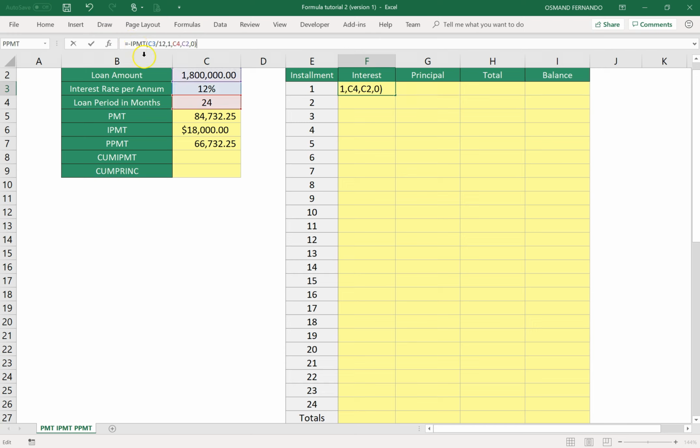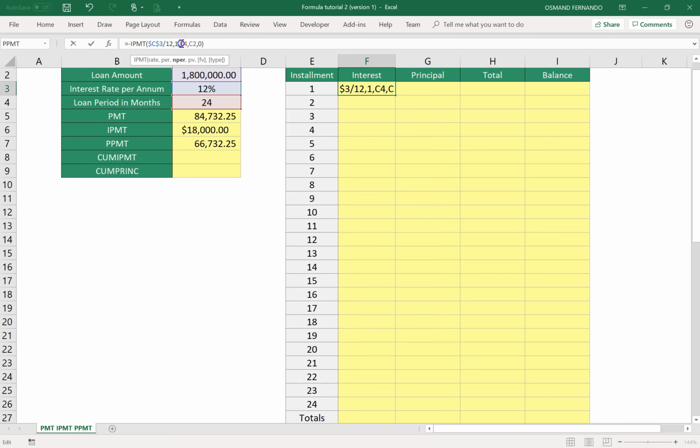Now you have to do a few things. First of all, you have to lock the cells, that means make them absolute. C3, C4 and C2 should be locked. Select the cell and click F4.